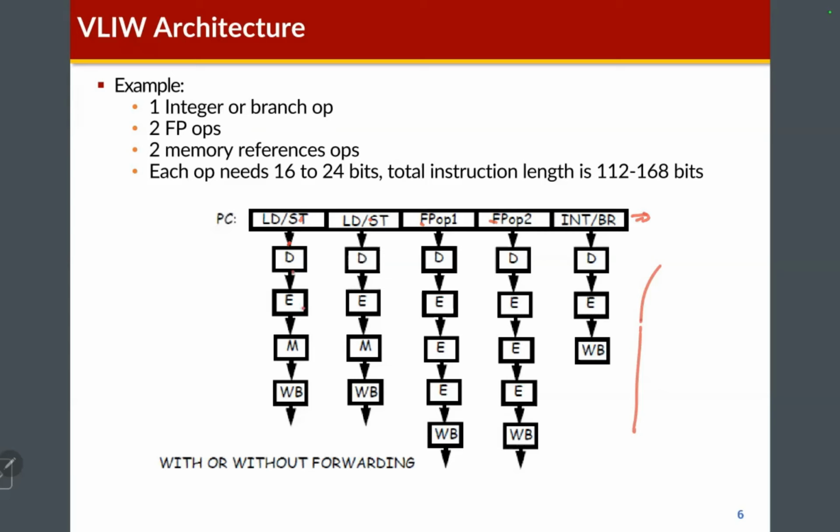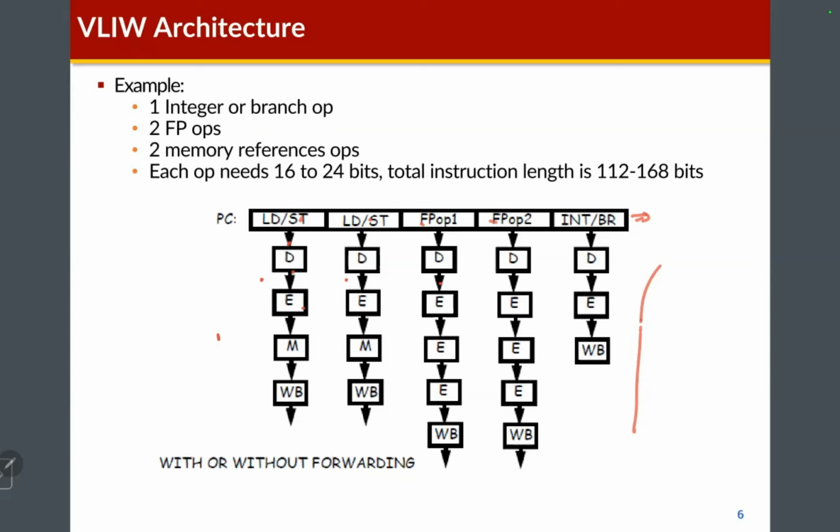If you look at this architecture, you can find that there are 5 slots: 2 slots for load and store instructions, like memory instructions, 2 slots for floating point instructions, and 1 slot for integer or branch instructions. Each slot has a static pipeline: decode, execution, the memory part for the load instruction, and write back.